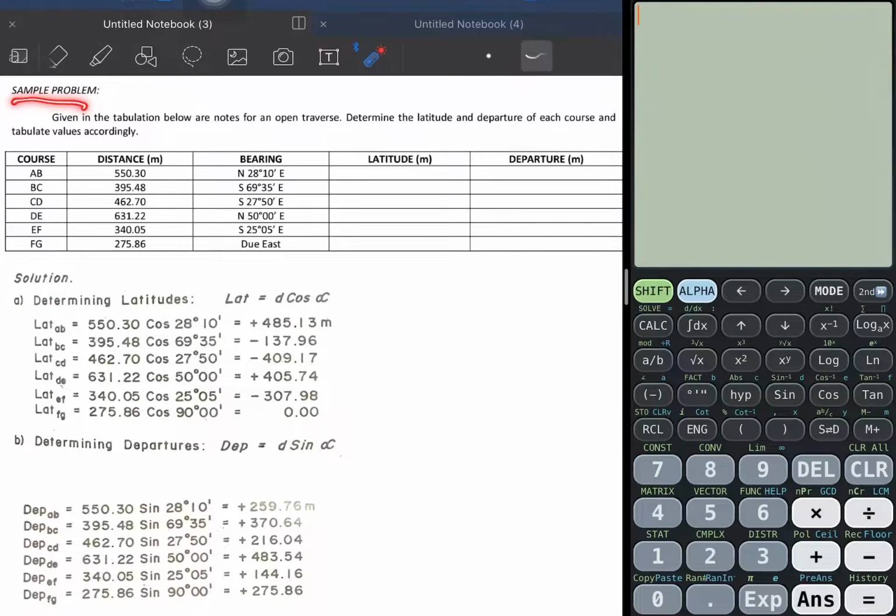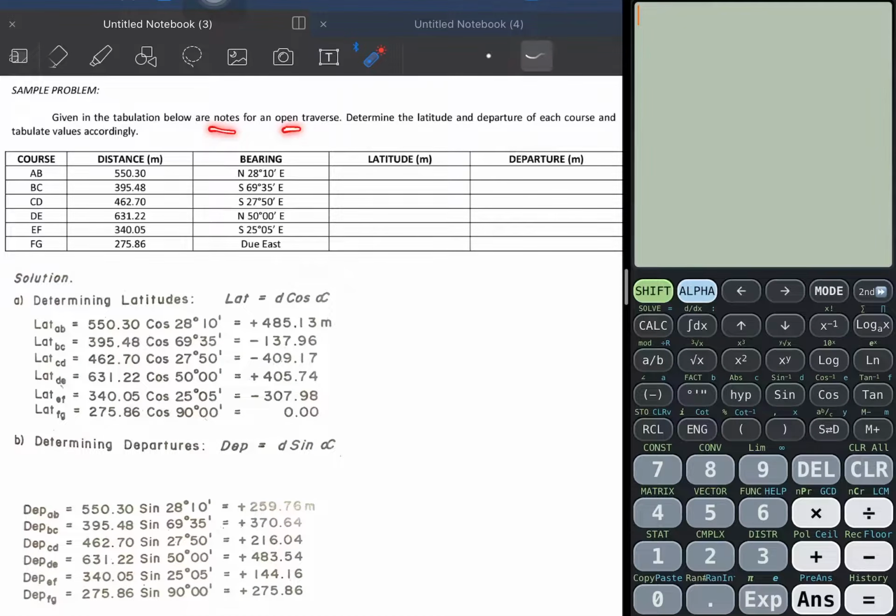Okay, class, good morning. For today, the sample problem is the determination of latitude and departure. This is also in Notes 3. You just convert this distance and bearing into latitude and departure.